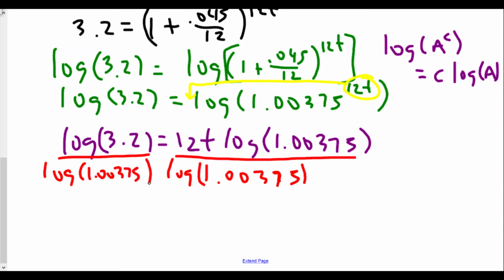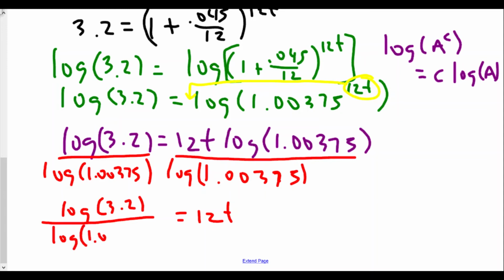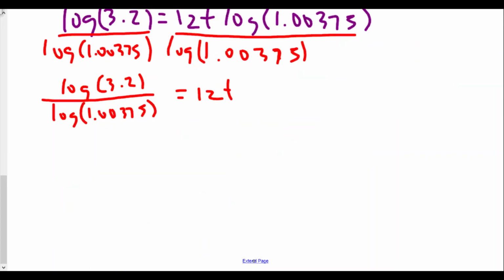So we get 12t equals log of 3.2 divided by log of 1.00375. Now I'm going to leave it this way because we haven't found t yet. Instead, we now have to divide both sides by 12.